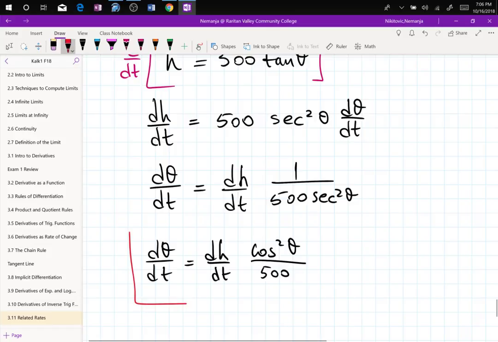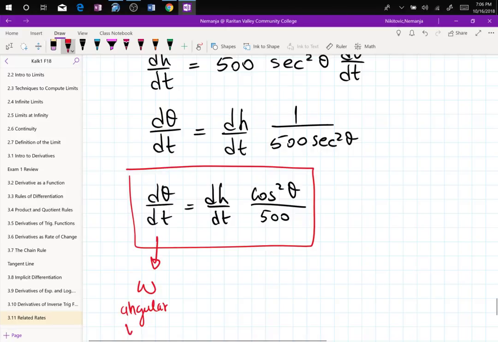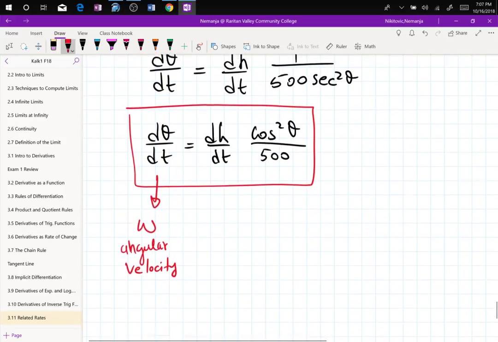Here is my formula. This is what I'm supposed to program in. This one is your omega, your angular velocity. This is the speed at which you turn the camera.